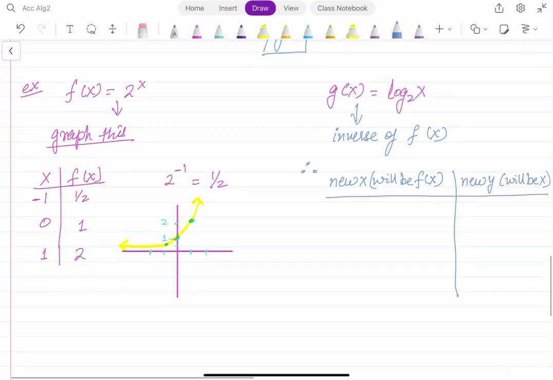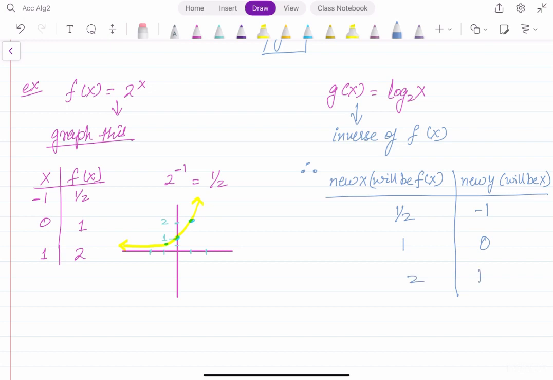Let's just switch the order. So new x will be 1/2, and new y will be -1, new x is 1, then 0, and then 2 and 1.